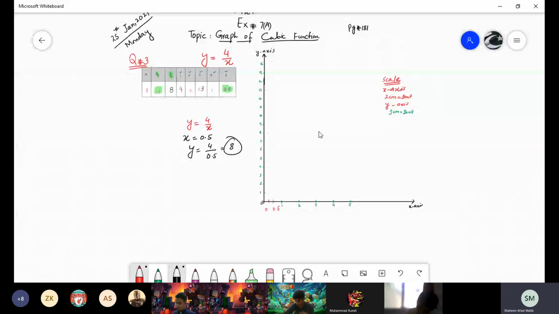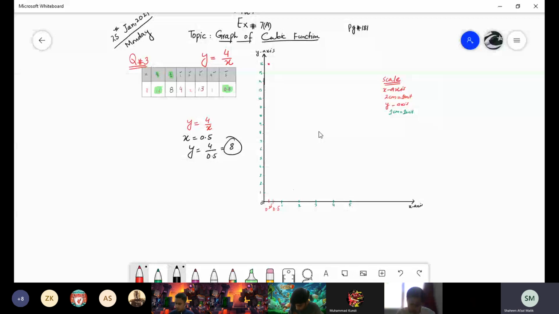That will be 0.25. You can see on your graph page, there is one line in between the big square, which divides the big square into two equal parts. Can you see the line? That is exactly 0.25. So at 0.25, we have a value of 16.